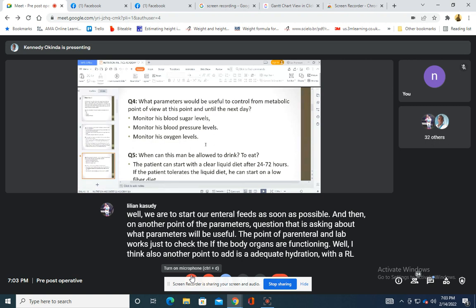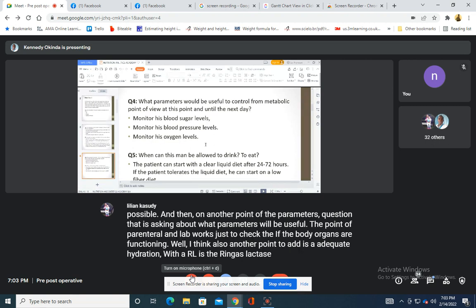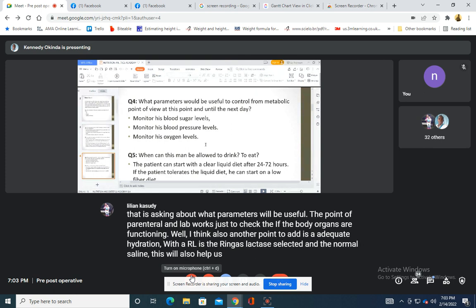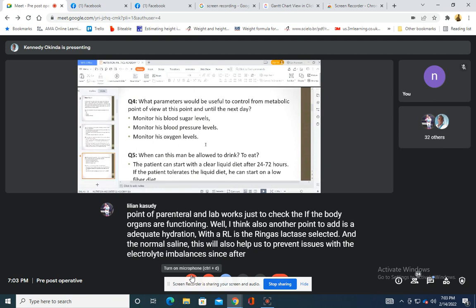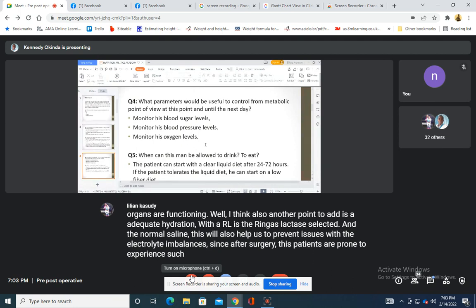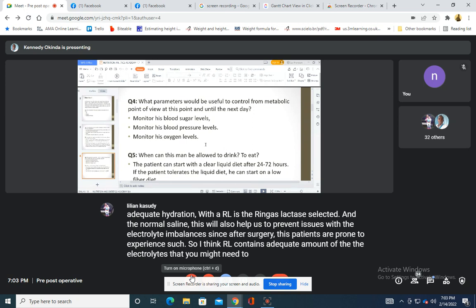RL is the Ringer's lactate, and the normal saline. This will also help us to prevent issues with electrolyte imbalances, since after surgery, these patients are prone to experience such. So I think RL contains adequate amount of the electrolytes that you might need to stabilize the patient.